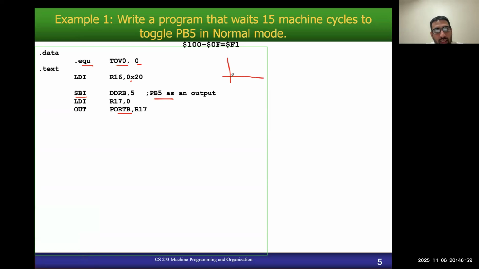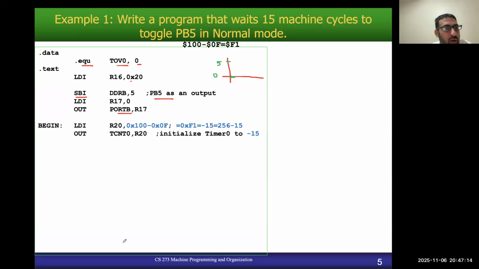So initially it is set at 0 here, right? If this is 0 and this is 5, then initially PB5 is set equal to 0 here, right?